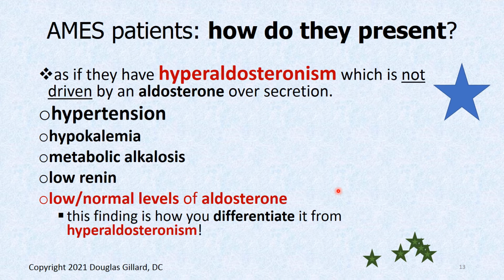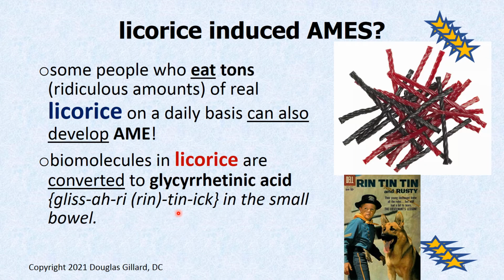So they're going to have very high hypertension, hypokalemia, alkalosis, and low renin levels, because the renin-angiotensin-aldosterone system is turned off with hypertension. And the aldosterone levels will be normal or even low. That's the way you can tell: you think they have hyperaldosteronism, but surprise, the tests come back and aldosterone levels are normal or even low. You have to repeat the tests because you don't believe them. It's such a rare condition, but they have AME.